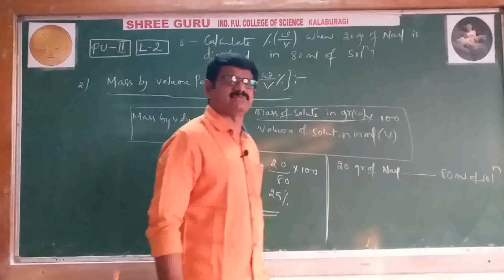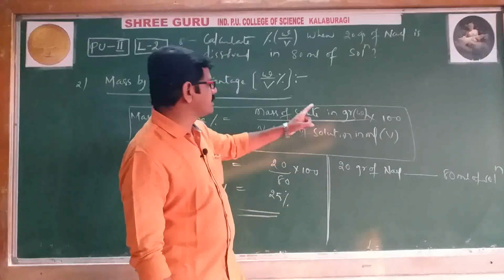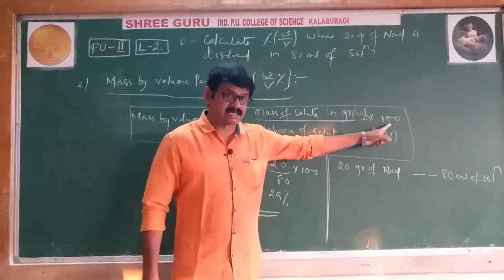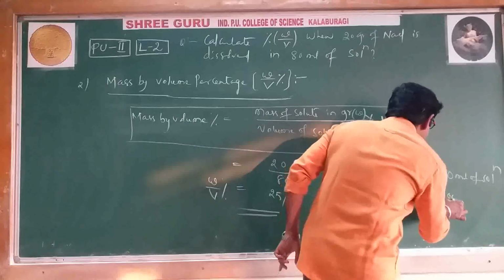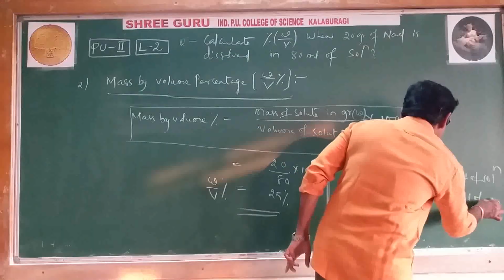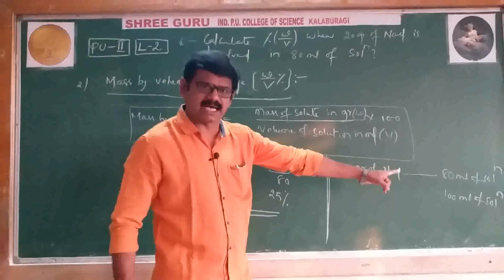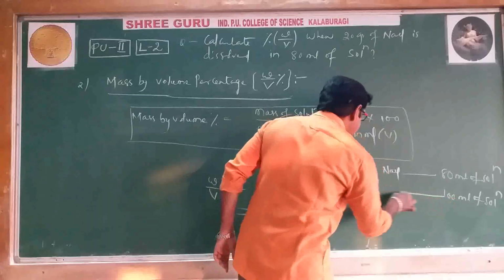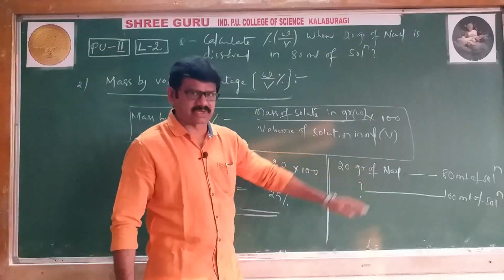That data is given in the question, of course. But we are calculating percentage. Percentage is nothing but in 100 milliliters. In 100 milliliters of solution, how many grams of NaCl, nothing but solute, is present, we have to calculate.